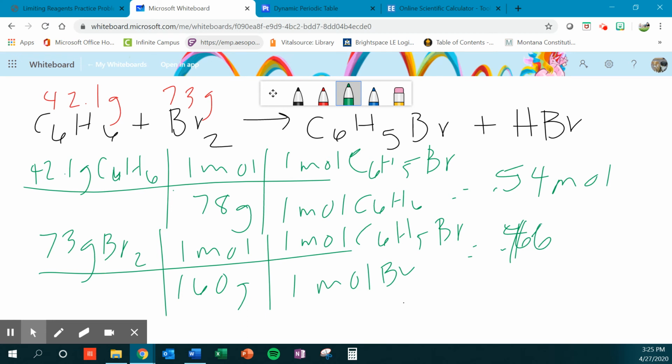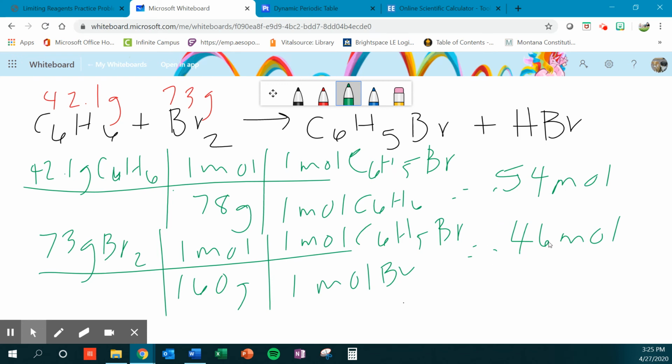That looks terrible. Let me rewrite that. 0.46 moles. And so we see here that the bromine gas actually produced the least amount. So you can't always assume that the lower amount is going to be the limiting reactant, because we can see here that the lower amount actually lasted longer.